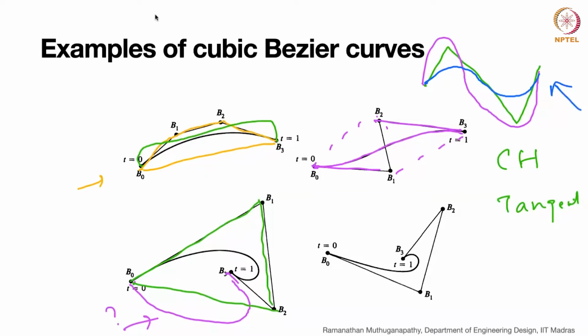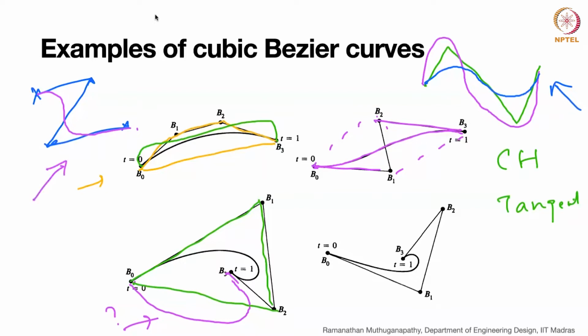Let me try a polygon like this. Now I am going to draw a curve, let's say like this. Which is the one that I kind of followed? It's very similar to the original shape. What does that mean?